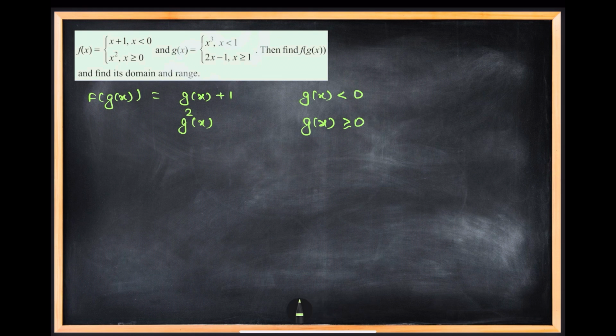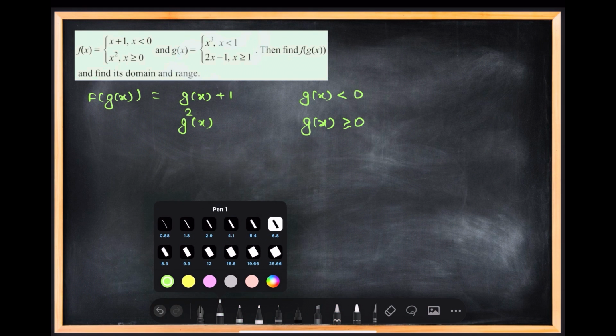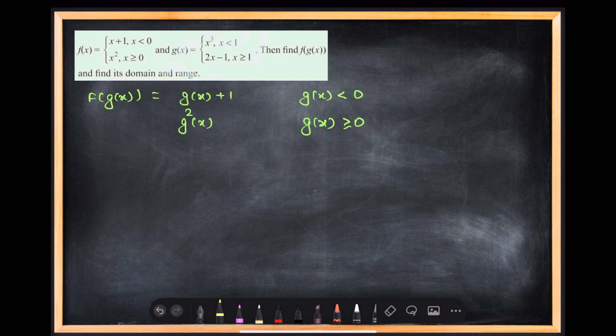Now in the second step, you have to replace your g of x with the actual g of x. So who is g of x? g of x may be this, g of x may be this. So first, just replace your g of x with this. The place where you are observing g of x, you will be replacing it with x cube.